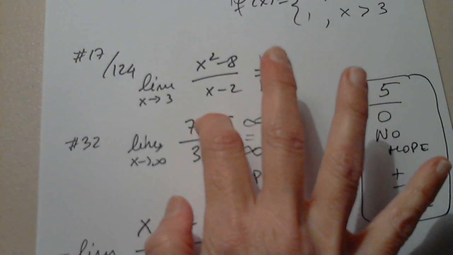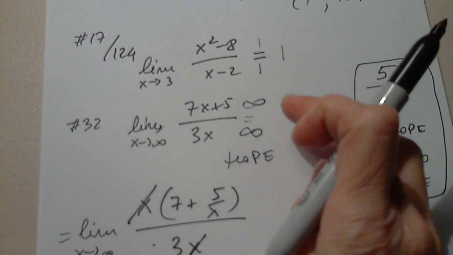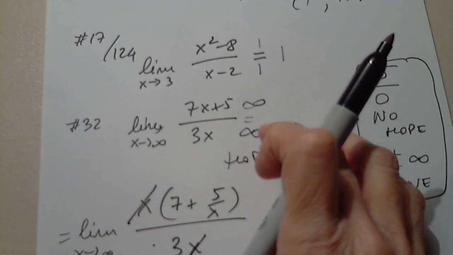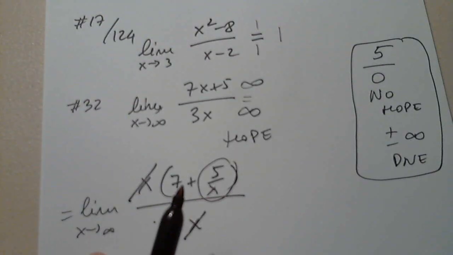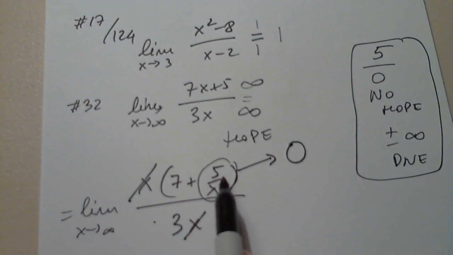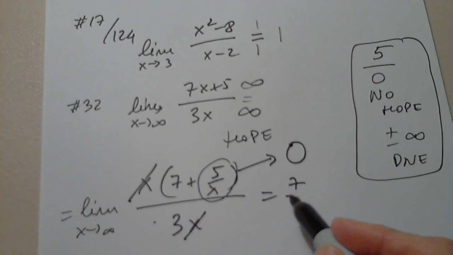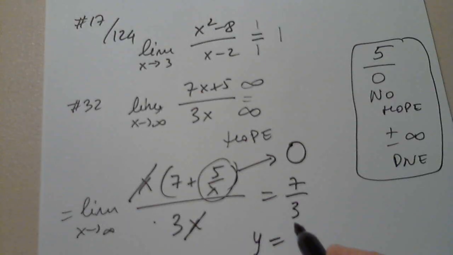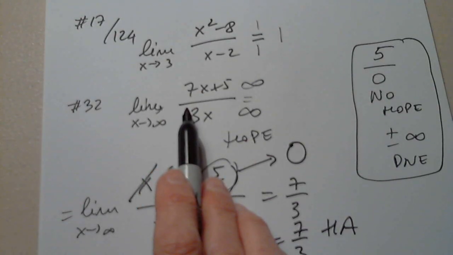Of course, I'm going to simplify the problem. This is the problem that creates infinity over infinity. And I know that 5 over huge approaches 0. So then the answer is 7/3, which happens to be the horizontal asymptote of the rational function.